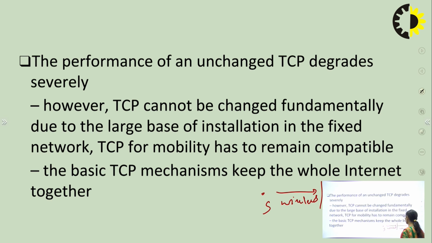One is the wireless part, another is the wired part. In the wired part, we are following the normal TCP protocol, but for the wireless, we need a variation of this TCP protocol, and both the existing TCP and the variation which you have adopted should be compatible with one another.